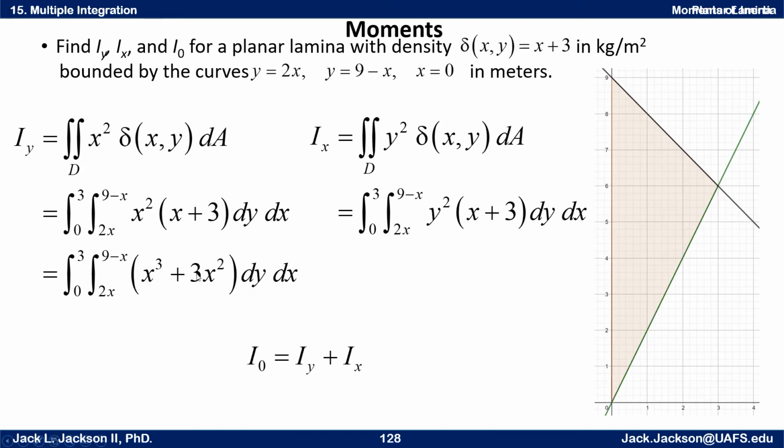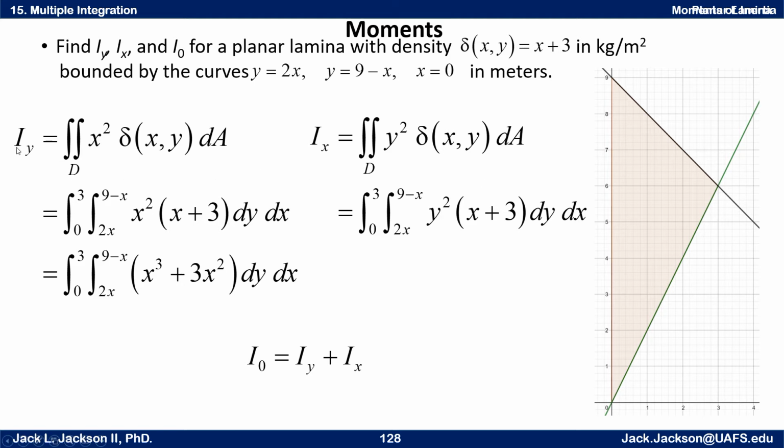If we apply this to our example from earlier videos, we're looking at this triangular region where the density is x plus 3, the bottom is y equals 2x, the top is y equals 9 minus x, the left side is x equals 0, and it goes to this corner at 3, 6.